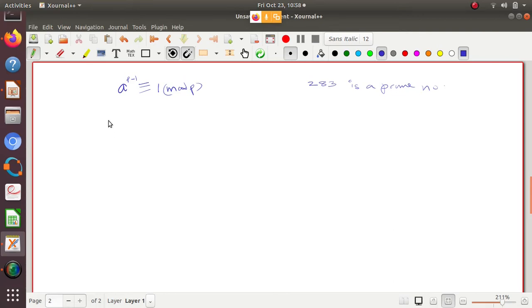Then if you want to compute 300 to the power 282 mod 283, what will be the value?